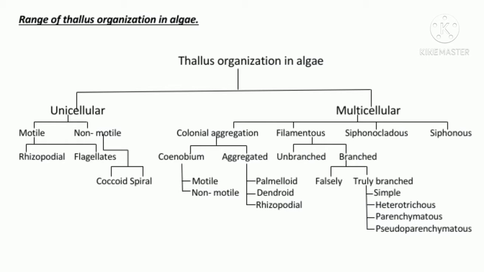They possess amoeboid movement. B. In flagellates type, the cell contains one or two or many, equal or unequal, tinsel or whiplash type flagella. 2. Non-motile form of unicellular algae.